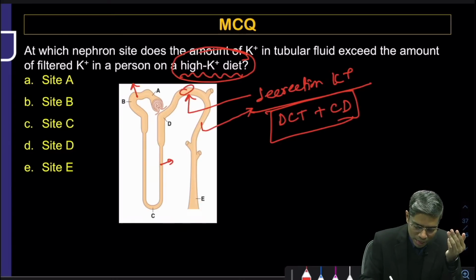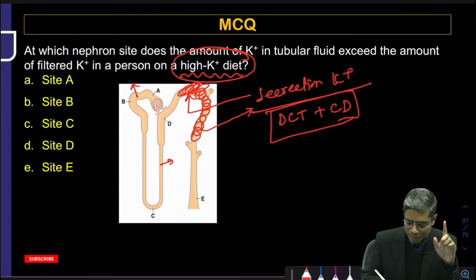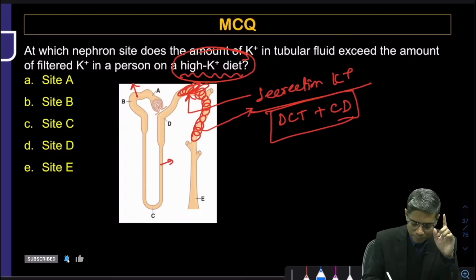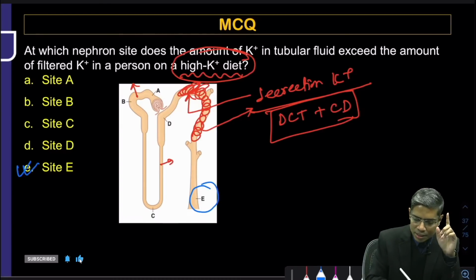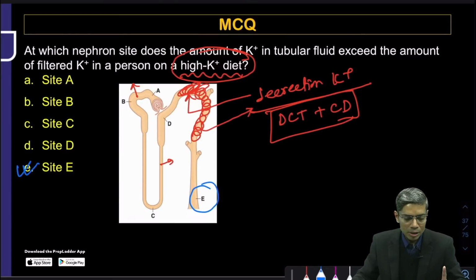The secretion is going to happen here. So if the secretion is happening in this zone, then maximum potassium concentration will be in which part of the nephron? That's why the answer here is D, right? Getting my point? All of you are getting my point or not, right? Okay, so secretion of potassium is happening here, that's why maximum concentration is E.